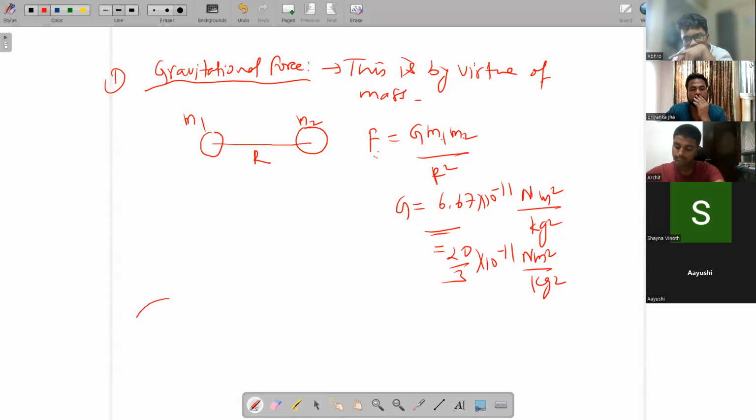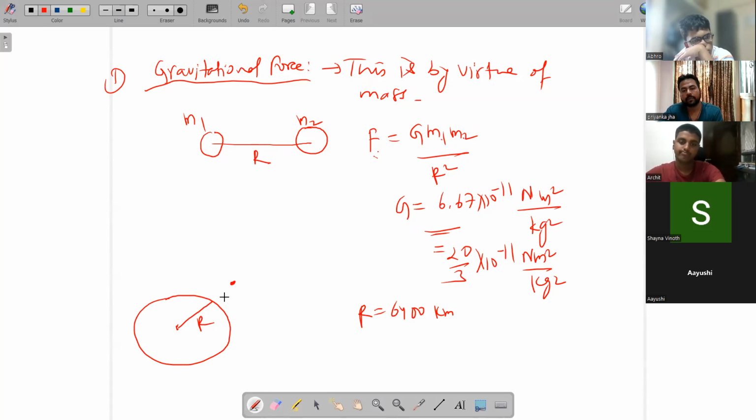See, this is Earth. And what is the radius of the Earth? The radius of Earth is 6400 kilometer. Suppose any object is kept not exactly on the surface of the Earth, but at some distance x. Suppose mass of the Earth is capital M, and mass of the object is small m.